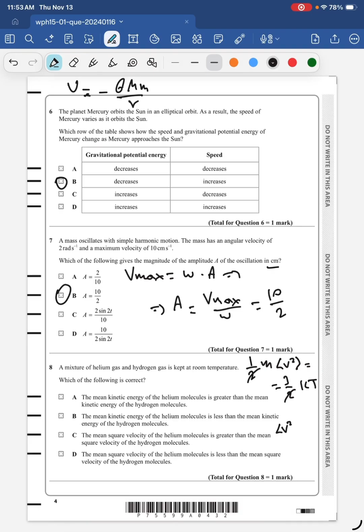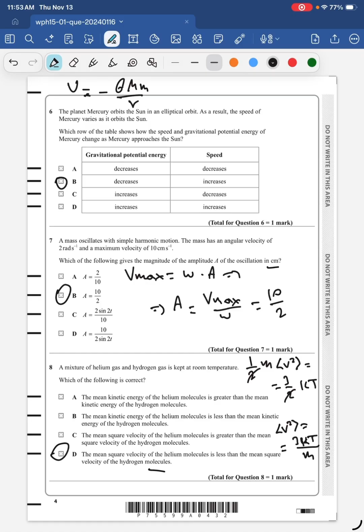V squared is 3kT over m, okay? So the heavier molecule, which is helium, will have a lower velocity. So the mean square velocity of the helium molecules is less than that of the hydrogen molecules. So D is actually the correct answer, okay?